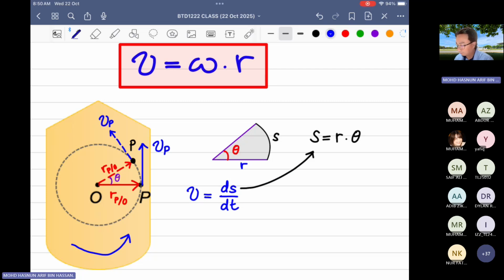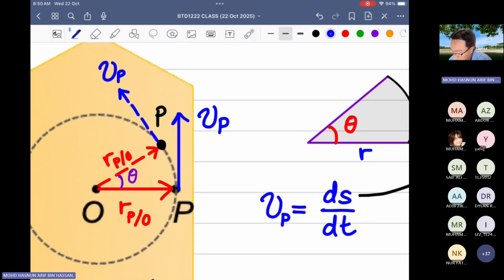So VP is ds over dt. S is this part here, between the first point P and the second point P. Let me use orange. Let's call this S.